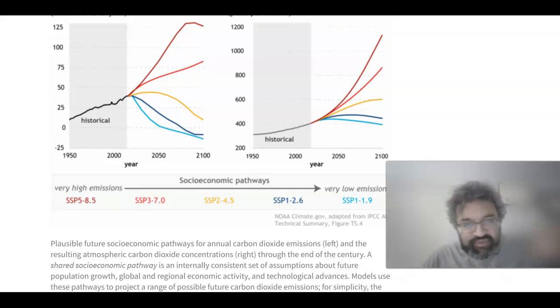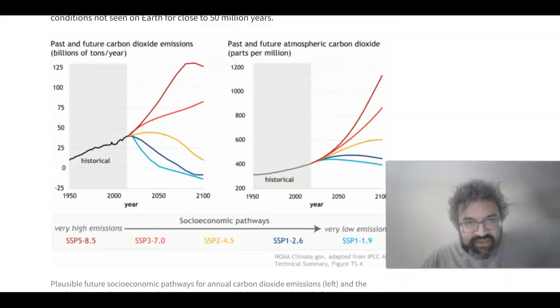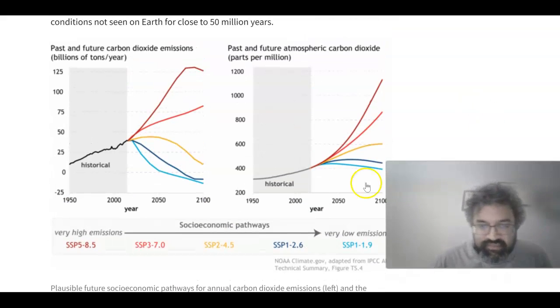Just to give you a full view of this figure, this is very high emissions, and this is very low emissions. The very high emissions, as we see in the deep red, are for SSP 5-8.5.